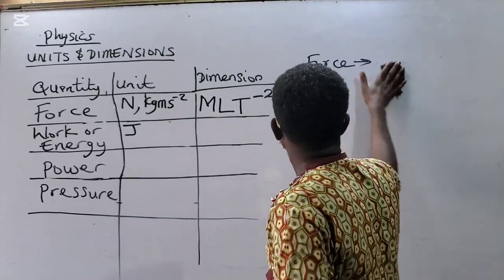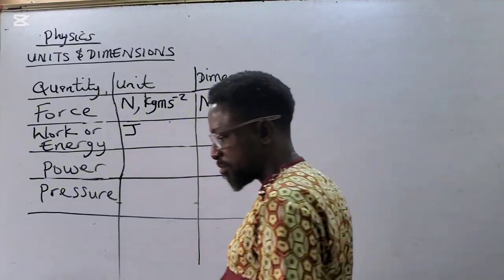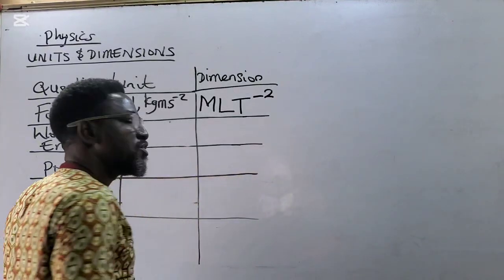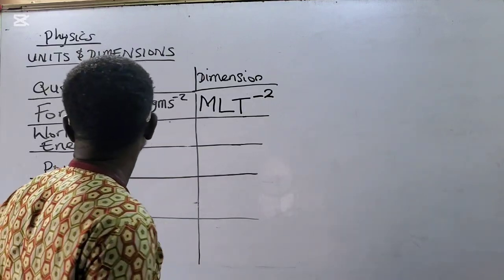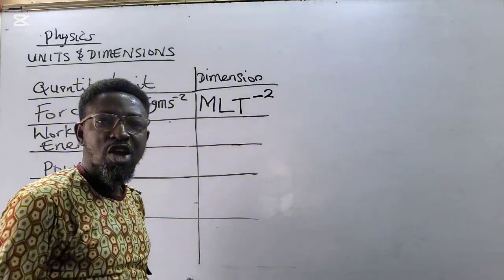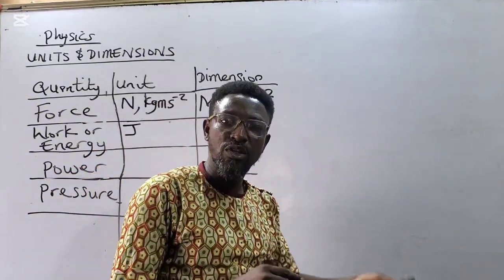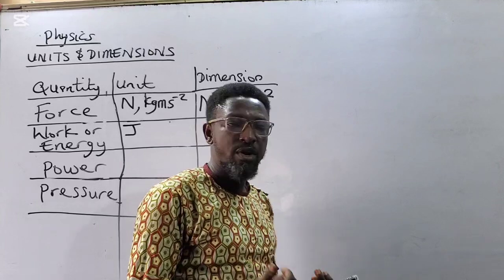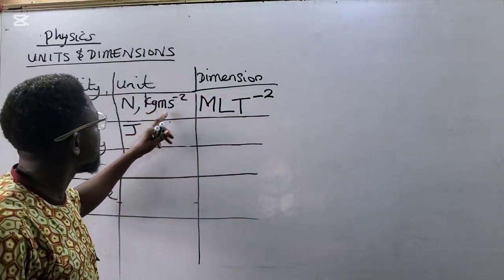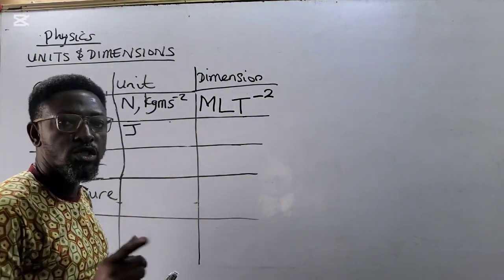Most times in exams, they may not even ask you to get the dimension. They may just ask you to get the equivalent unit. You can see a simple question like, the newton is the same thing as dash. If you see something like that, what they are simply asking is the equivalent unit to the newton. And of course, you already know that the newton is the same thing as the kilogram meter per second square. That's the equivalent unit to the newton.